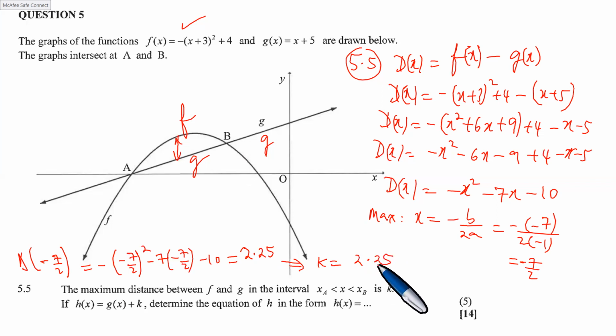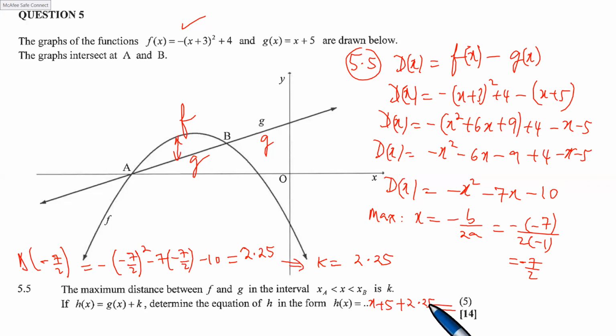If it is true that it is 2.25, then what is h? It means that h of x must be in this form. Remember that h of x is g of x plus k, and g of x is x plus 5. So we have x plus 5, but k is 2.25.